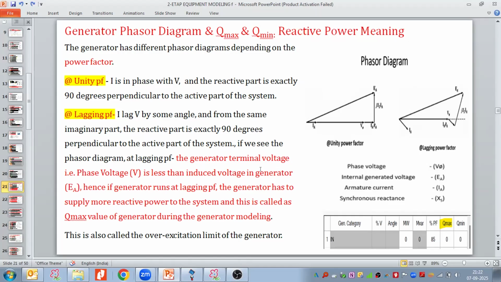So my generator terminal voltage is less than the induced voltage EA in the generator.